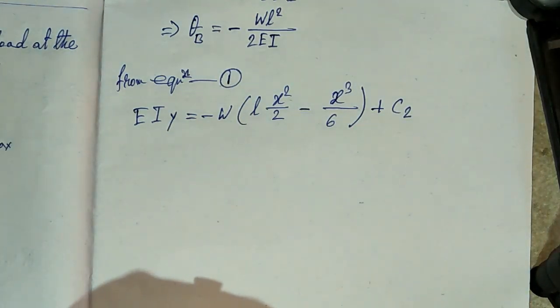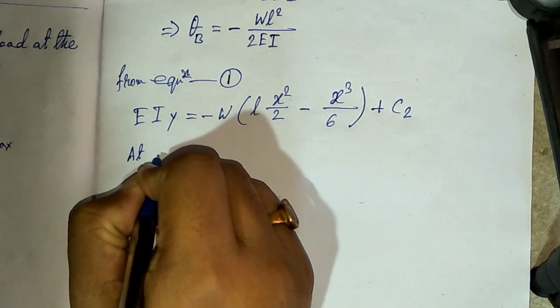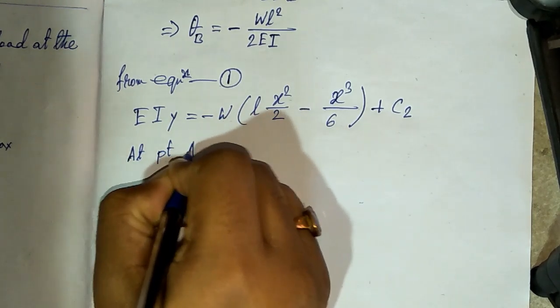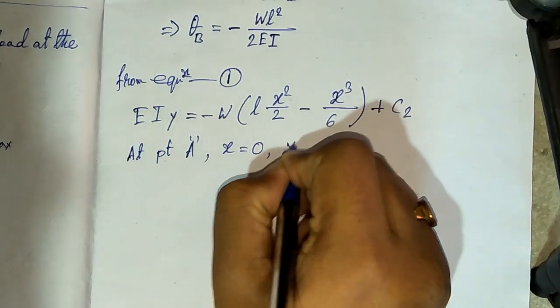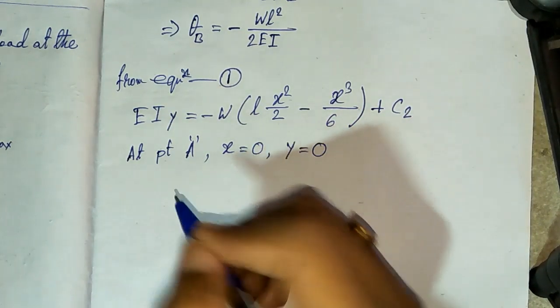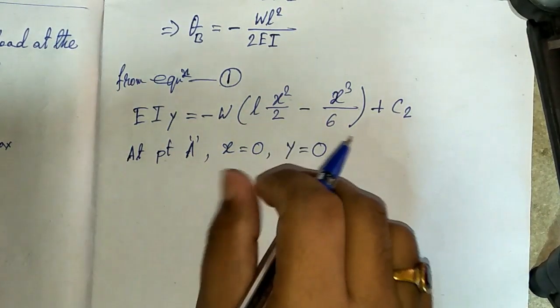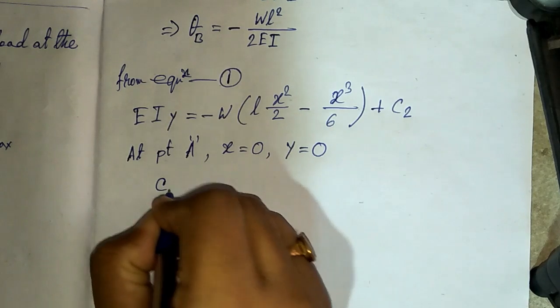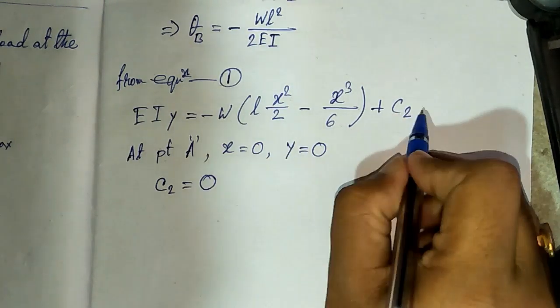So again let's apply the boundary conditions. At point A the value of x is 0 and the value of deflection y is also 0. By applying these two boundary conditions, we can find the value of C2. The C2 value is also 0 from this equation.